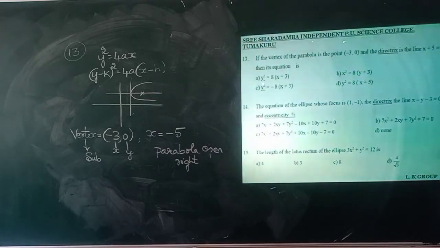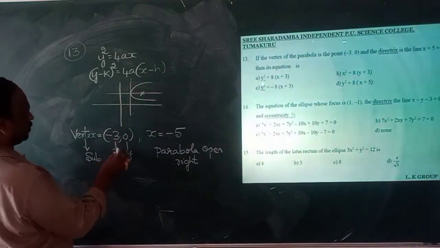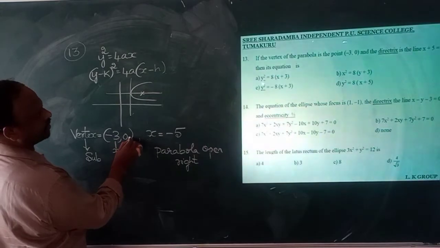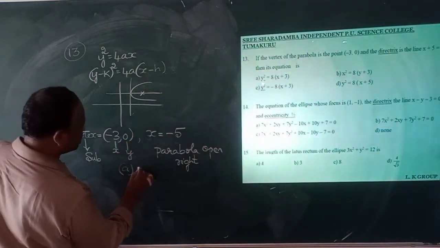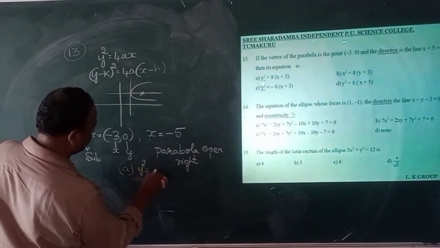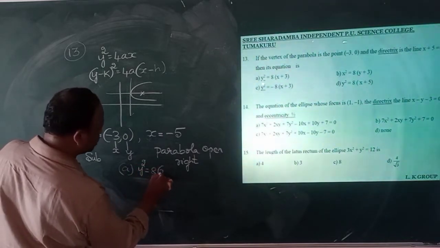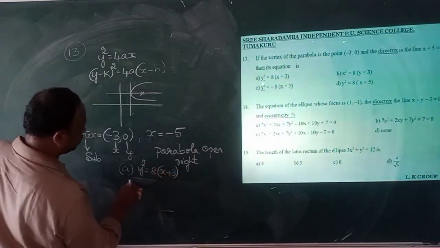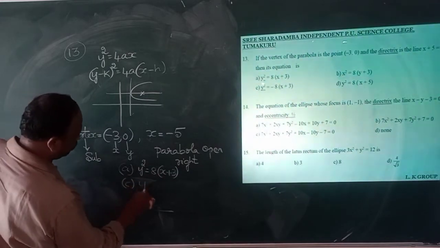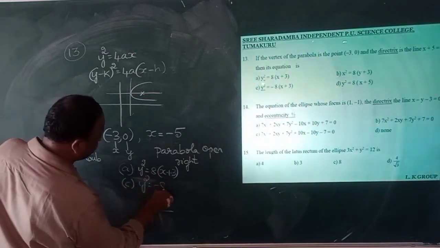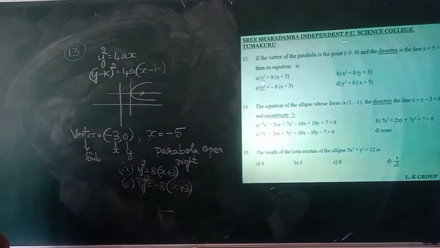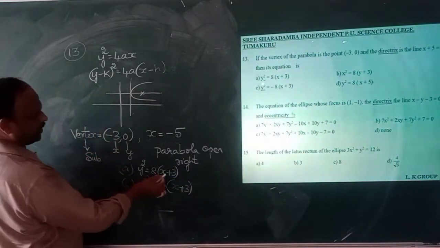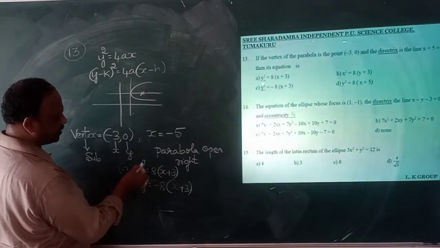Substitute x is equal to minus 3, y is equal to 0. Option A is y square is equal to 8 into x plus 3. Option C is y square is equal to minus 8 into x plus 3. Both satisfy, because when x is equal to minus 3 the RHS becomes 0, and y is equal to 0.